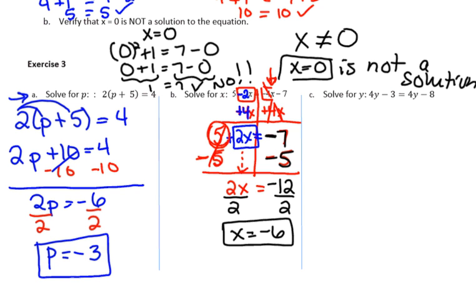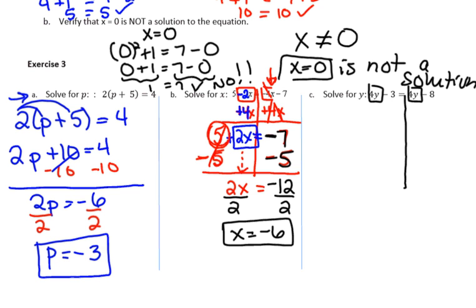Awesome. All right, and the last example here looks very similar to the part B that Miss Santiago just did. So I'm going to start, and I'm just going to follow her lead. Here, looking at the variables, I have a 4y on both sides, so does it really make a difference which one I move over to the other side? No, it doesn't.